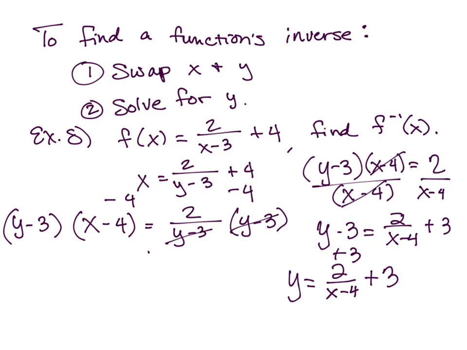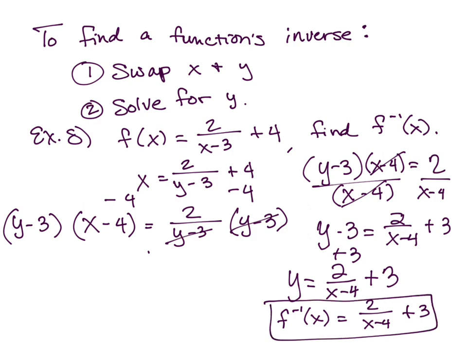We don't want to just call it y. Y was this guy, f of x. What we want to do is call this y value, or y equals, f inverse of x. This is the inverse function. And there's our answer. F inverse of x equals 2 over x minus 4 plus 3.